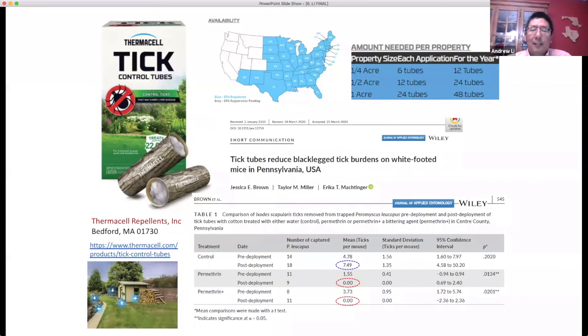Based on this study, you can see that at the study site deployed with the tick tube, the mice are clean, no ticks were found. So again, this is a limited study that provided a positive result: using the tick tube can lead to a reduced number of ticks feeding on mice. Next slide, please.